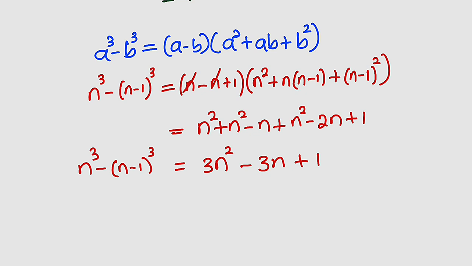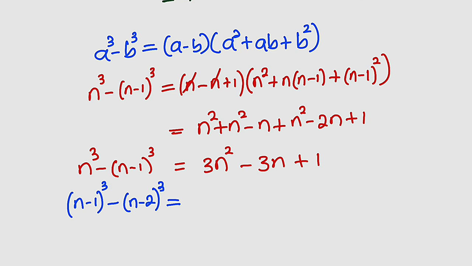Then secondly, I would like to reduce these two numbers. This is n. I would like to take n minus 1. We are reducing the number. Minus, we reduce this one by 1, it becomes n minus 2.